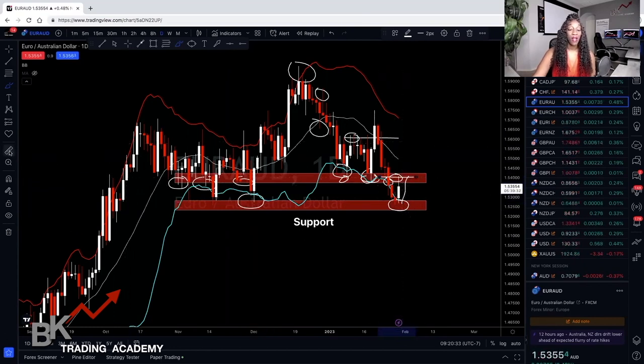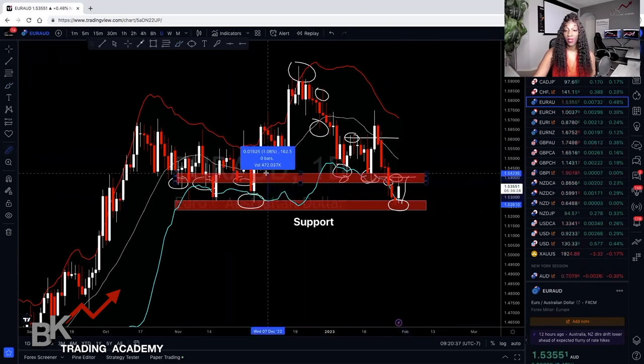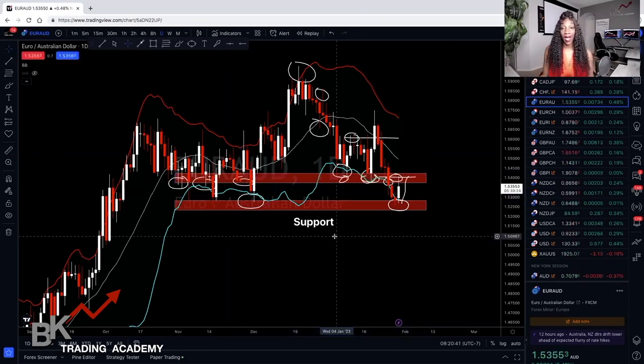And let's just measure how many pips this is. From this support to this resistance, that is about 160 pips. So if you were trading $1 a pip, then 160 pips would be $160. So that is just another example of how you can use an indicator like Bollinger Bands to get into a trade.